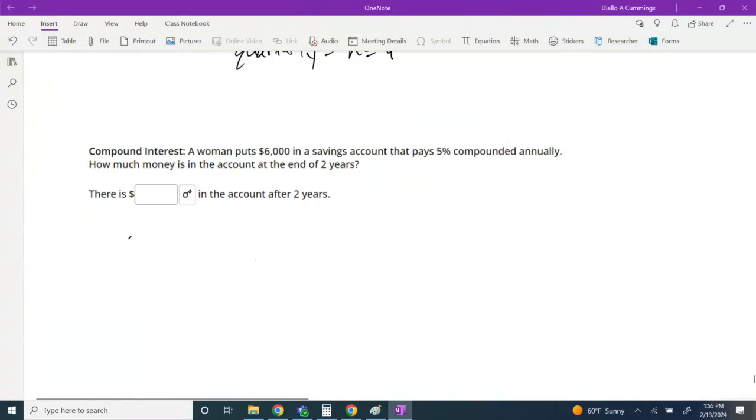All right, so A is equal to P times (1 plus R over N) raised to the N times T. So P is going to equal 6,000, right? That's the amount deposited.